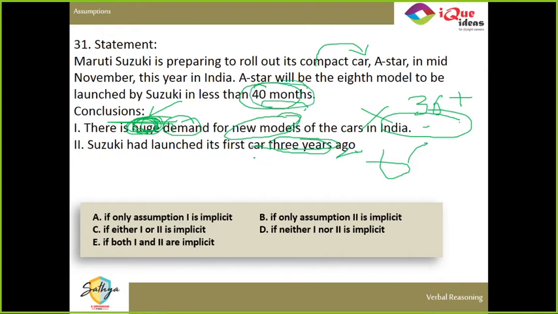So it falls within the time frame. So that means my second one is somewhat true. This is the 8th model in 40 months. That means the first model was less than 40 months ago. Less than 40 months is roughly 3 years. 3 years and 3 months. 3 years and 4 months actually. So definitely 3 years ago. So B is true. Only the second one.